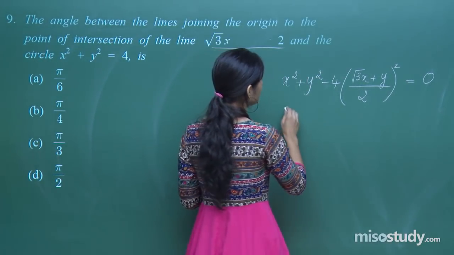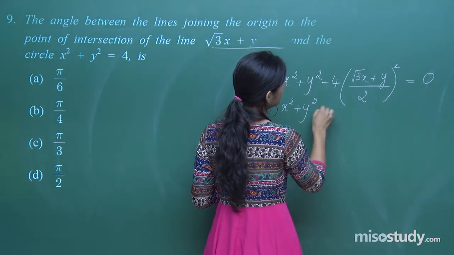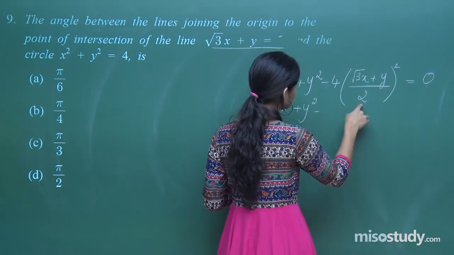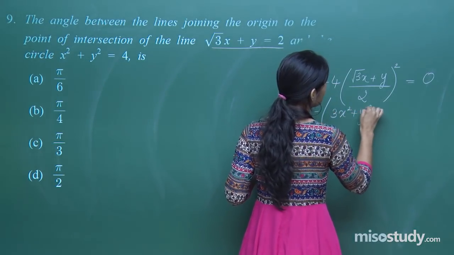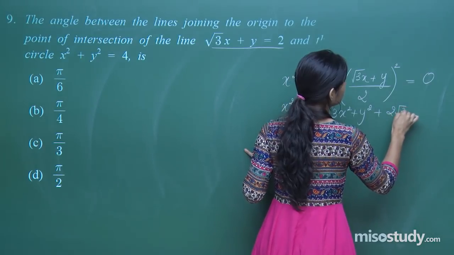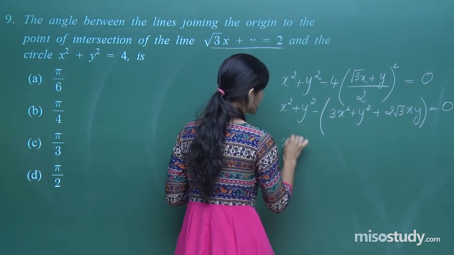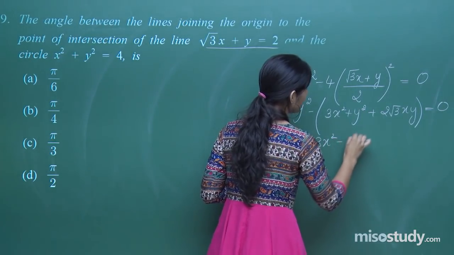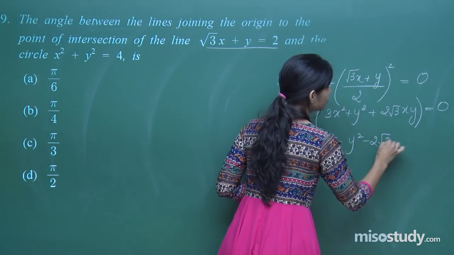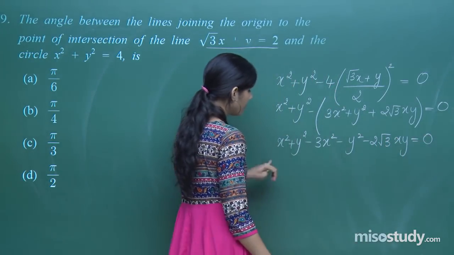So what you get eventually is x square plus y square. This 4 gets cancelled. You have 3x square plus y square plus 2 root 3 xy equals 0, which gives you x square plus y square minus 3x square minus y square minus 2 root 3 xy equals 0.